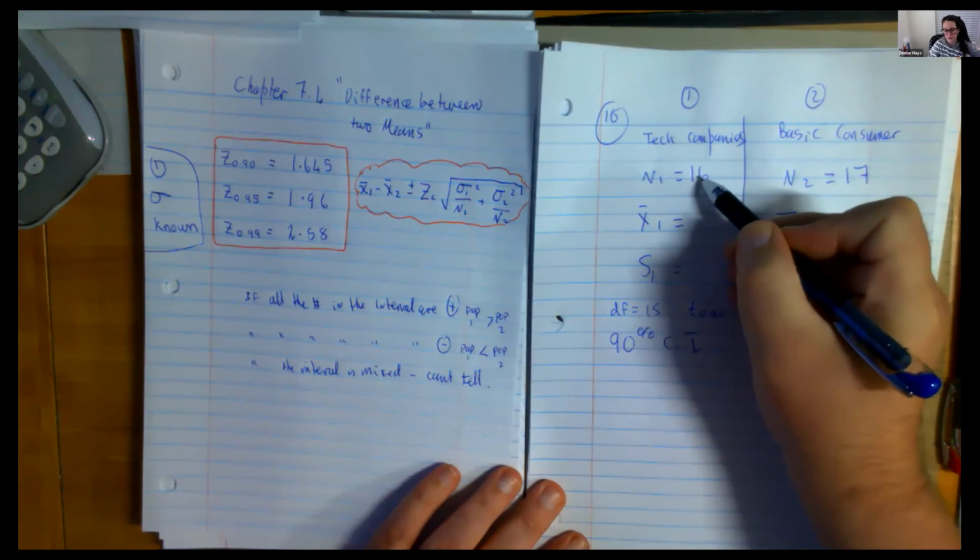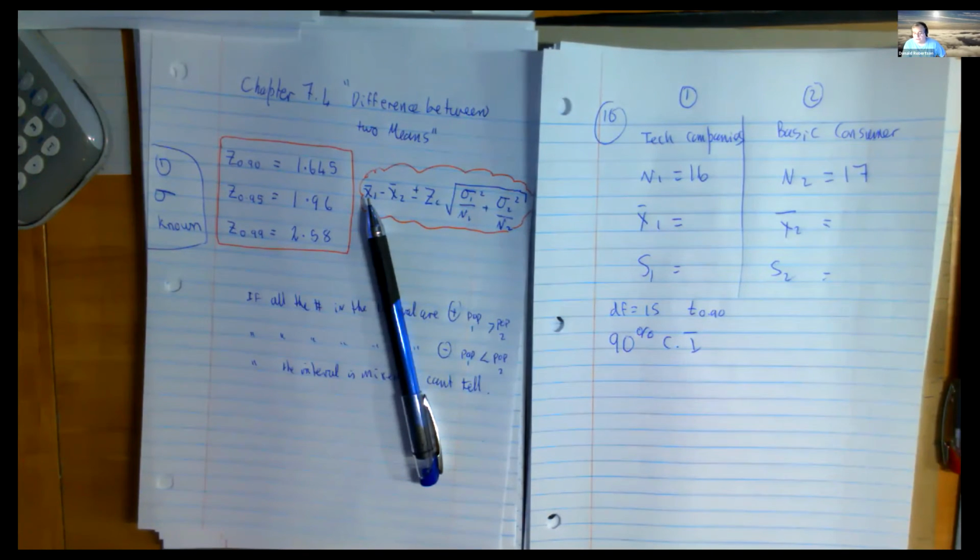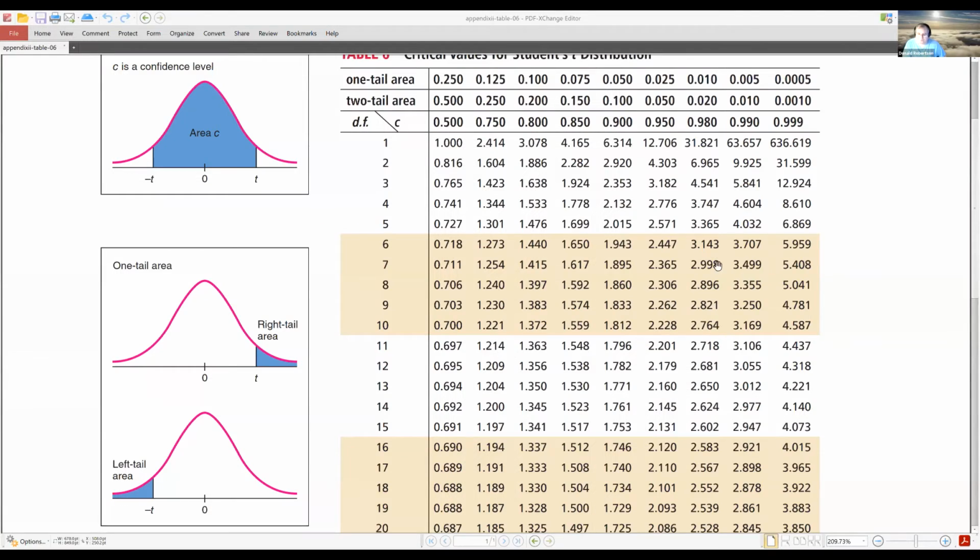Great. Smallest one, take away one. Now, that means I have to go to a different piece of paper. But hopefully it won't take us too long to find it. Here we go. Now, if you want a 90%, it's this column here. I just noticed something.